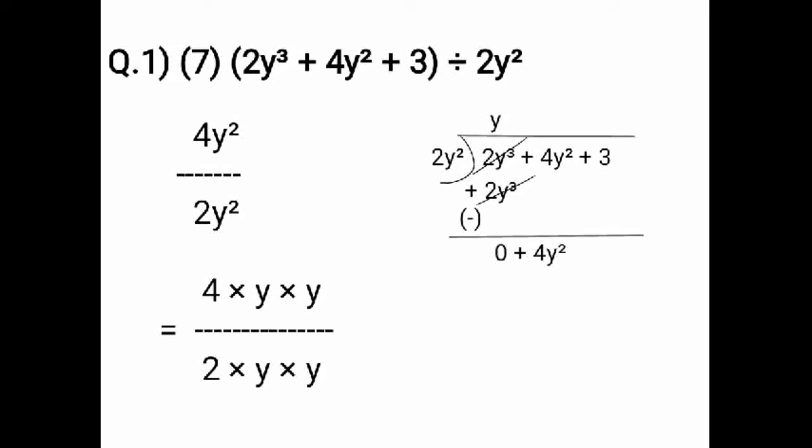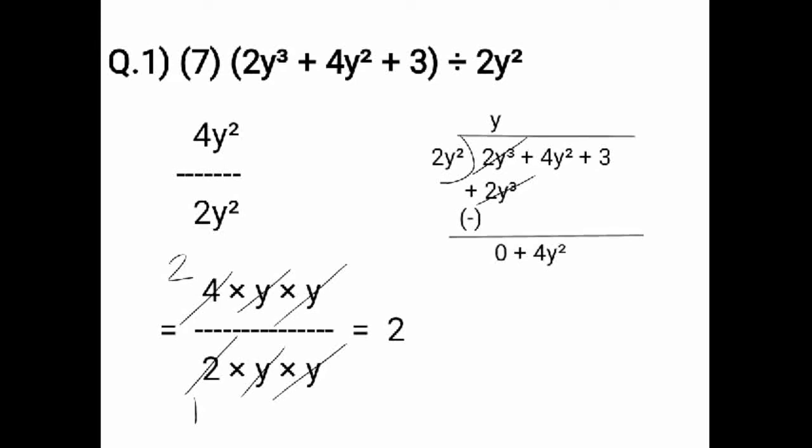Number 4 is going to the table. So you have to cancel. 2 ones are 2, 2 twos are 4. Cancel both the y on numerator and denominator. So what is left on the numerator? Only 2. In the denominator nothing is left to multiply. That is equal to 2.